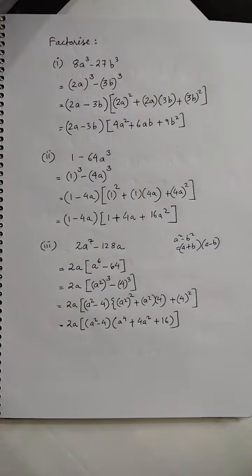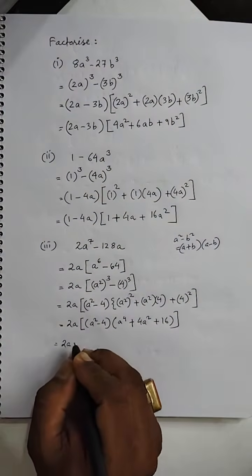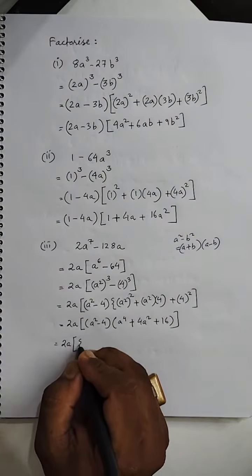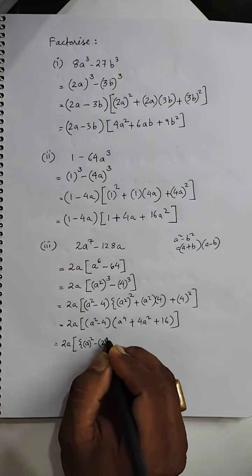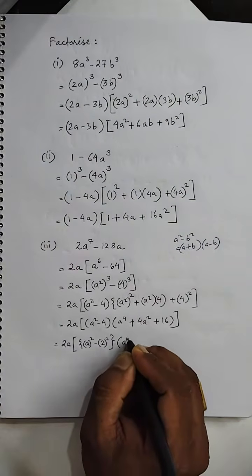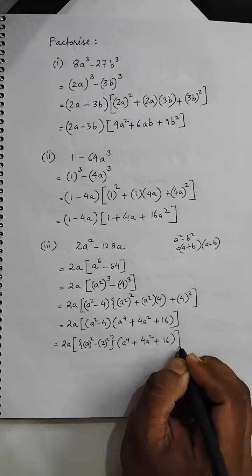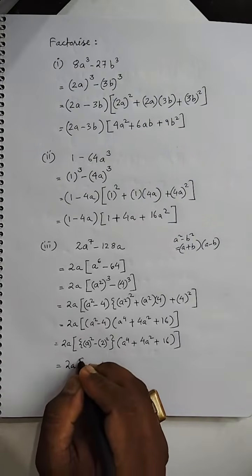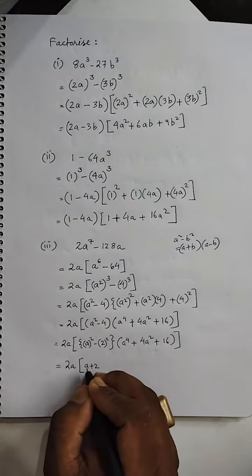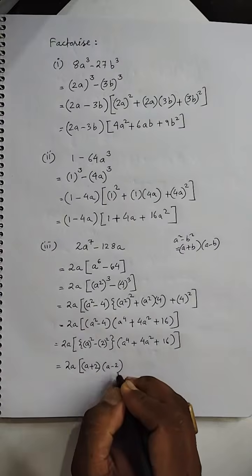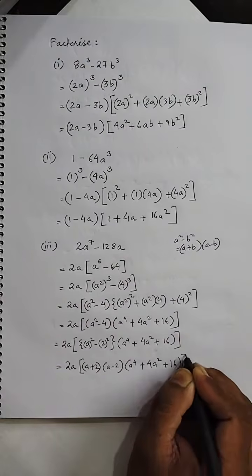So we will write a square minus 4 as a whole square minus 2 whole square. Okay, and the a to the power 4 plus 4a square plus 16. So our final answer will be 2a, a whole square minus 2 whole square, so this will be a plus 2, a minus 2, and a to the power 4 plus 4a square plus 16.